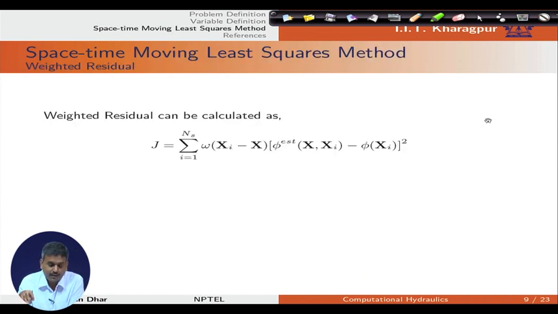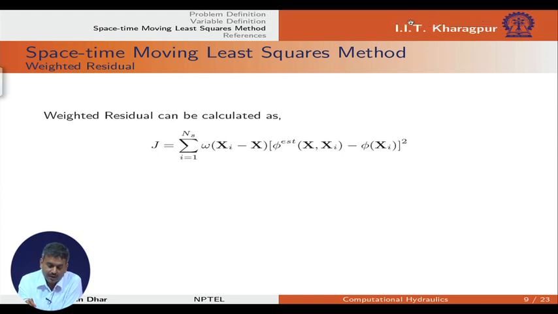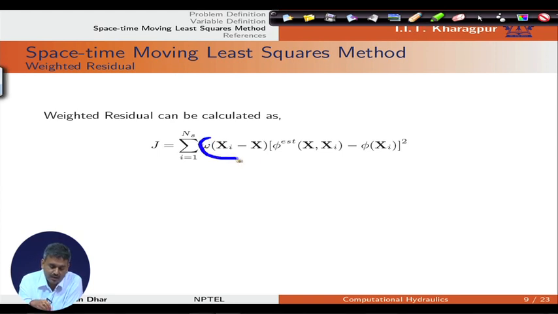Now, similar to our moving least squares method, we can define a weighted residual, and NS is the number of points in the support domain. It considers both spatial and temporal points at different levels, and this omega considers the weight function.